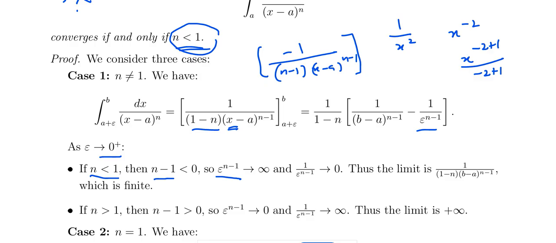Epsilon is that point, that is, epsilon tends to 0. n minus 1 less than 0, that is called, epsilon power n minus 1 approaches infinity. 1 by epsilon power n minus 1 approaches 0.